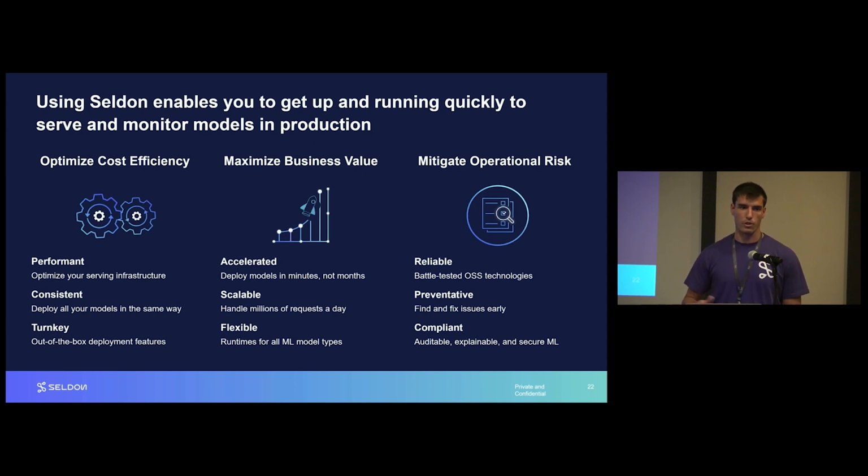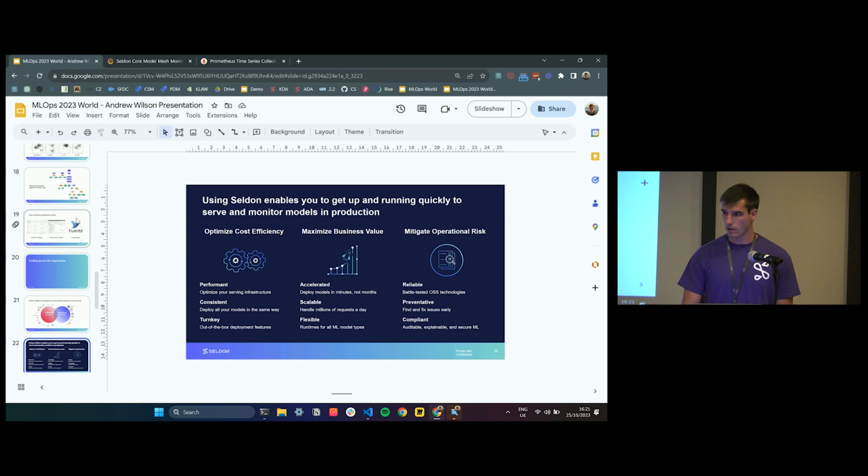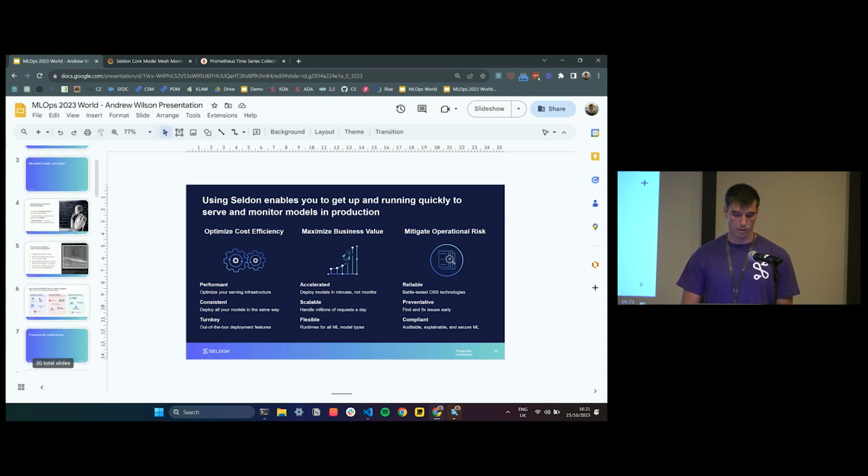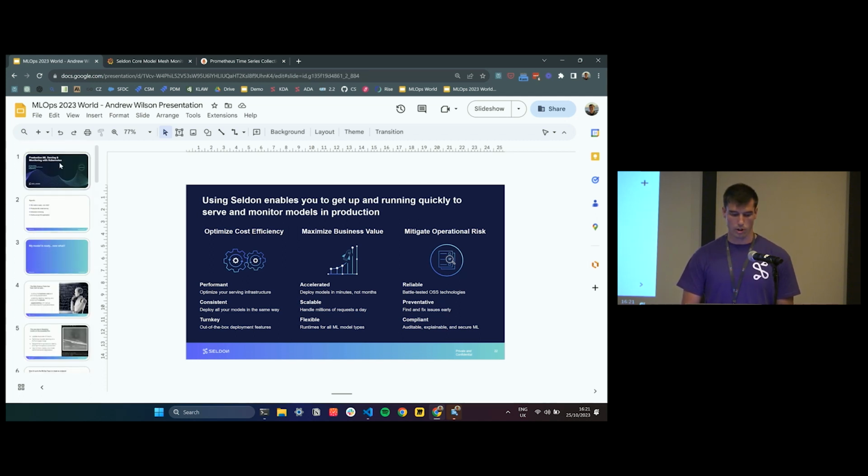And then obviously with all of the logging and the monitoring mixed in, you might be mitigating some risks. So in general, there's lots of different reasons to use Seldon, but it's one of the many options for model deployment and monitoring. But yeah, I would encourage anyone to pick it up and give it a try.